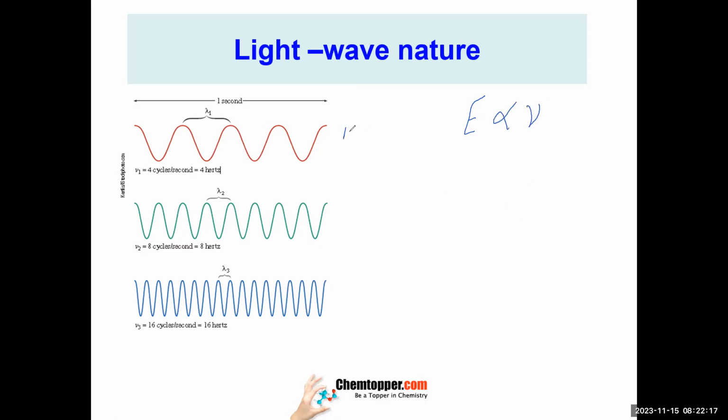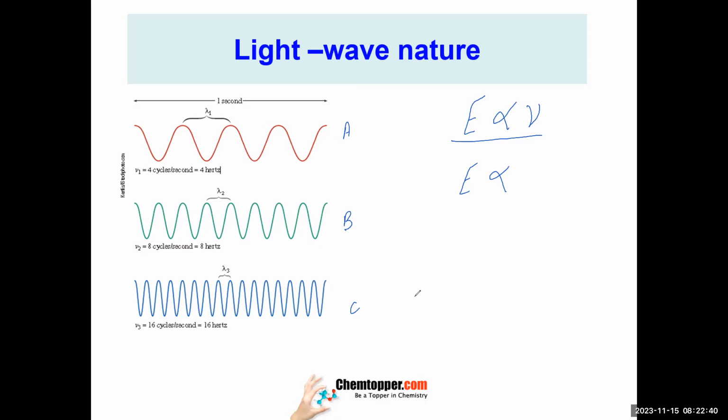Now, if you look at this A, B, C, and look at this equation, can you tell me in which case the energy is highest? C, B, A, C. So can you tell me how energy is related to wavelength? Direct, indirect? Wavelength and energy.